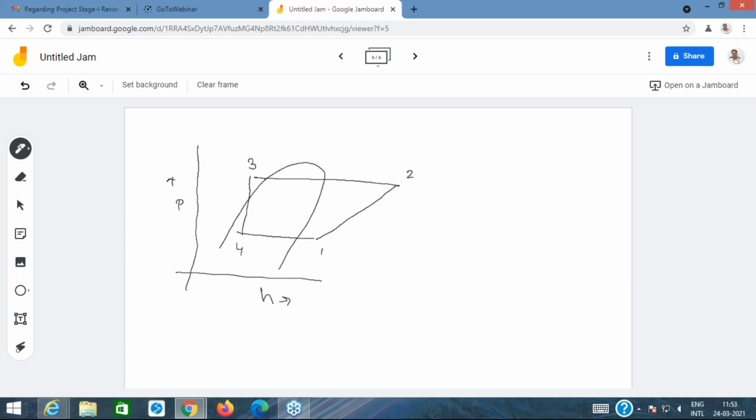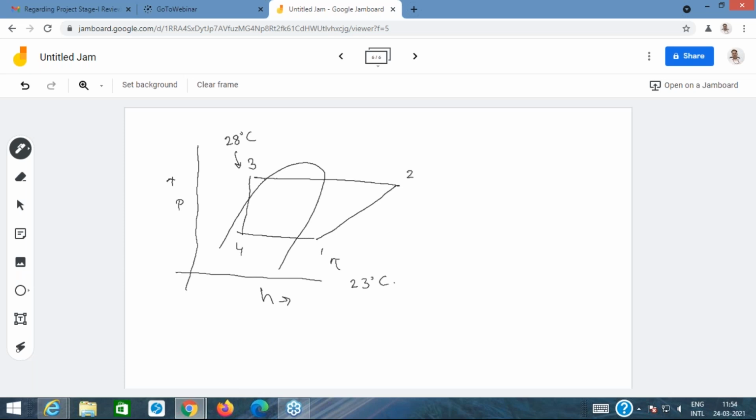When we recorded the readings, what we got for this T1 was 23 degrees centigrade, and this T3 we obtained as 28 degrees centigrade.